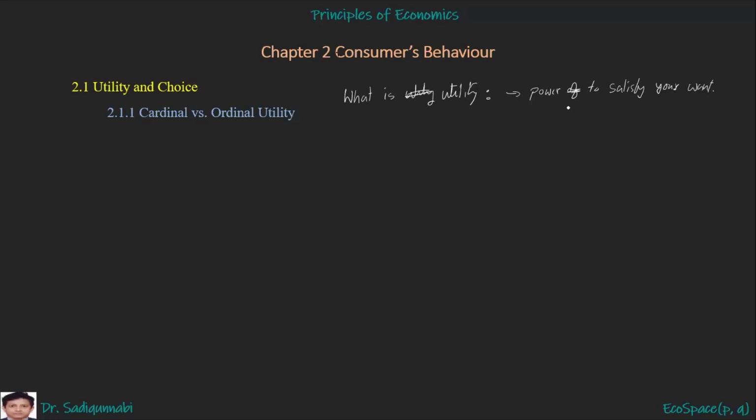Okay, so suppose you are going to consume good X. And then from good X, what amount of utility you are going to get.